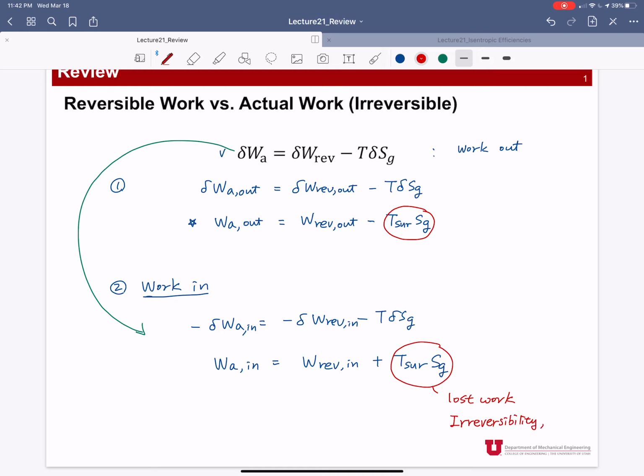In symbols we use I, and its unit is kilojoule. In the same way we can define the irreversibility rate, in the unit of kilowatt, and small i, the irreversibility per unit mass.